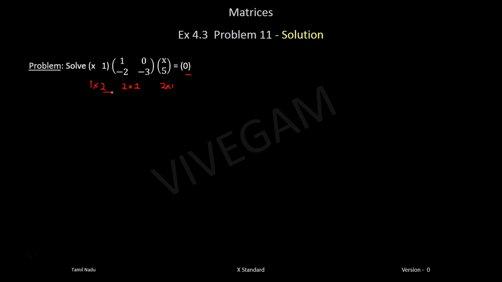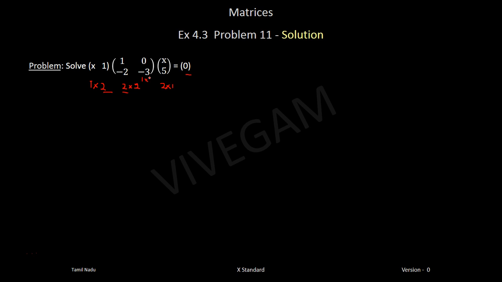Here you see the number of columns in the first matrix equals the number of rows in the second. So matrix multiplication is defined, and you'll get 1 by 2.